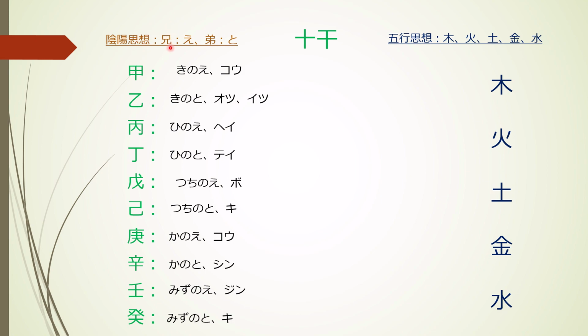So here we have a character for Ani, older brother, which we can call E, or Ototo, the younger brother, which we can call To. So the idea that Kinoe is the yo, the light, Kinoto is the Ototo, the To, or the darkness, the inside, and that continues all the way down. Kinoe, Kinoto, Hinoe, Hinoto, Tsuchinoe, Tsuchinoto, Kanoe, Kanoto, Mizunoe, Mizunoto.